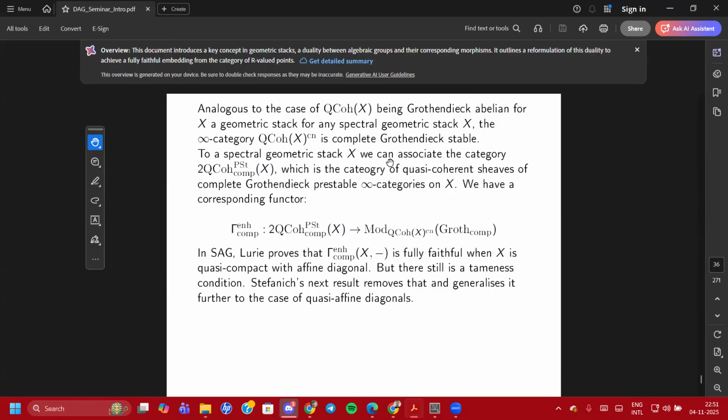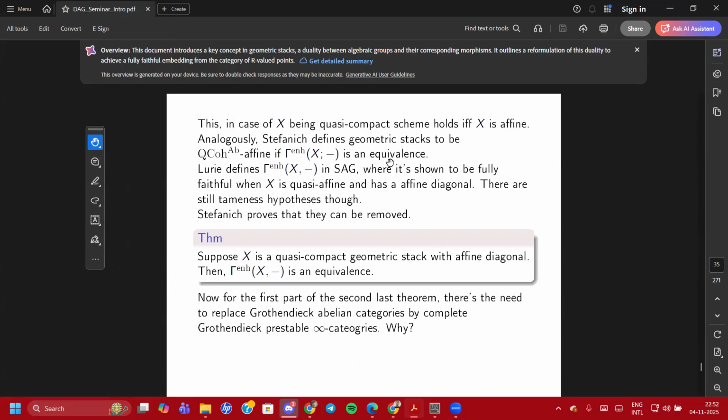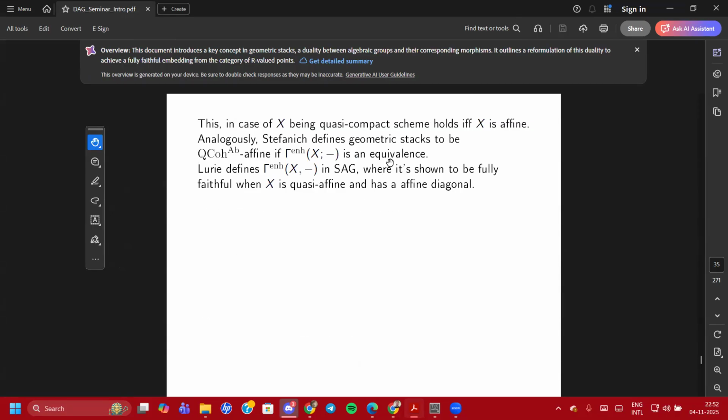Okay. So I'm assuming there's not going to be any questions for the first talk, since it's basically what's in DAG 8 and SAG. But are there any questions about what Stefanich does? Like a short version of what we're going to do in this whole seminar, the proof sketch. Are there any questions?